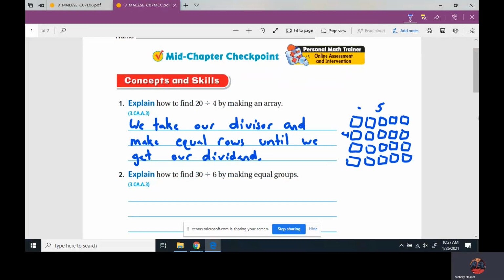So we take our divisor, which is 4, we made 4 rows, and we make equal rows until we get our dividend, which is 20, with 5 in each row.